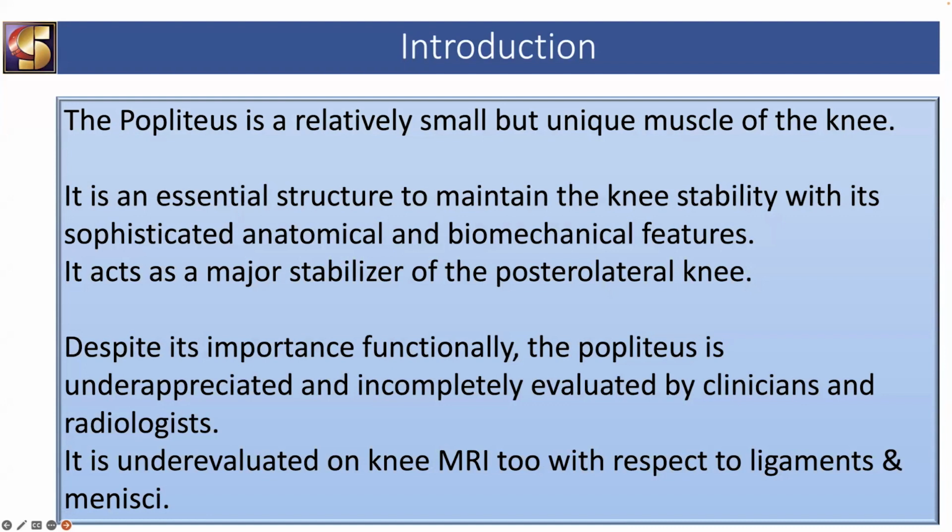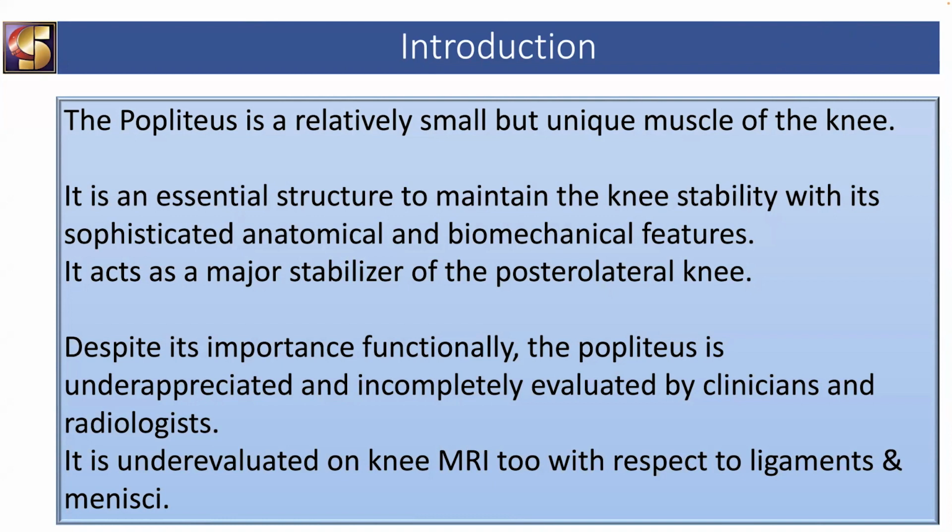The popliteus is a relatively small but unique muscle of the knee. It is an essential structure to maintain knee stability with its sophisticated anatomical and biomechanical features. It also acts as a major stabilizer of the posterolateral knee.